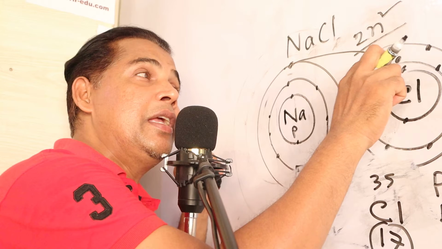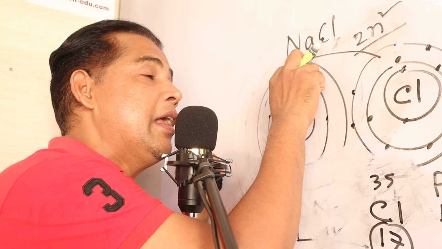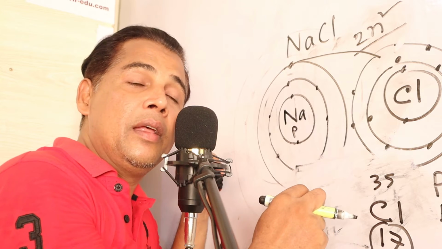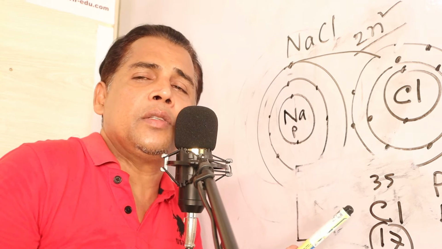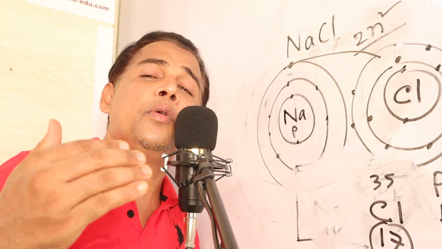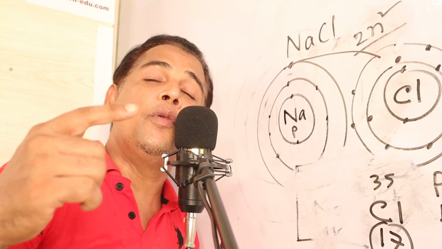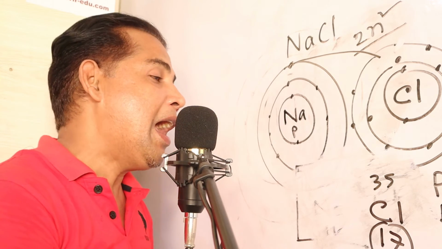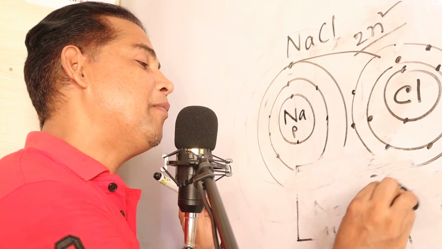Why? Because chlorine's outer shell has 7, and here the outer shell has 1. This one is telling, hey brother, this one has no meaning, so I want to go to your outer shell and be fulfilled. Okay, and later sodium chloride has been formed.